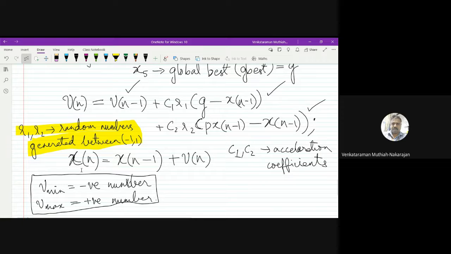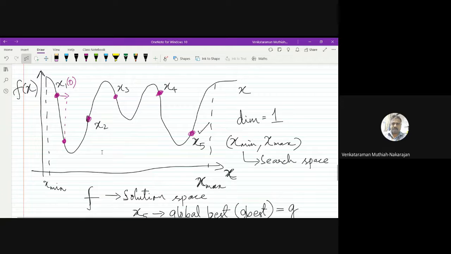Or in other words, if you choose V min to be positive, all the points will go from left to right, and none of the points will move from right to left. In this case, moving from left to right seems to be the best option.